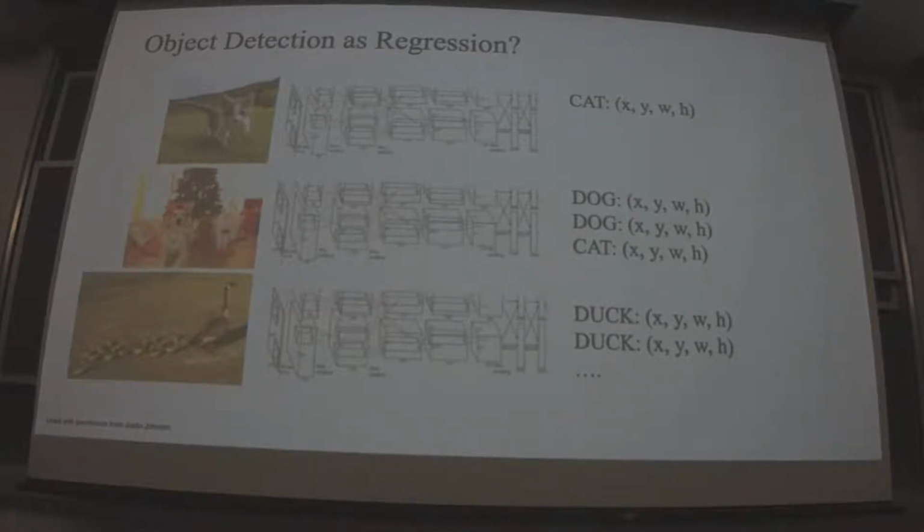A priori you don't know exactly how many there are going to be, so there needs to be some flexibility in how you do this. What we're about to go through will show you how people thought about this problem and iterated until we got to a really fast, accurate way of doing this.